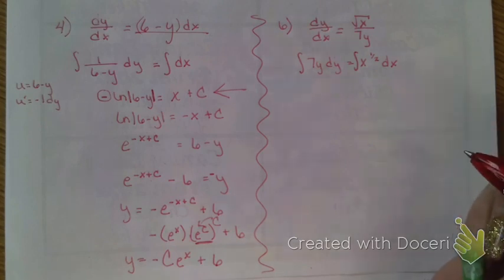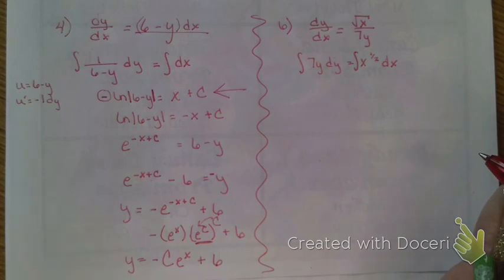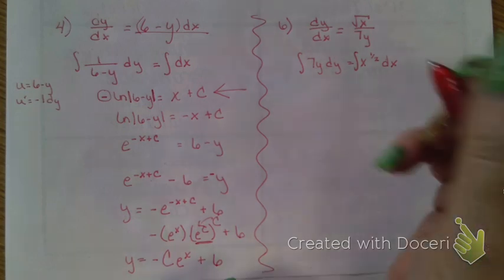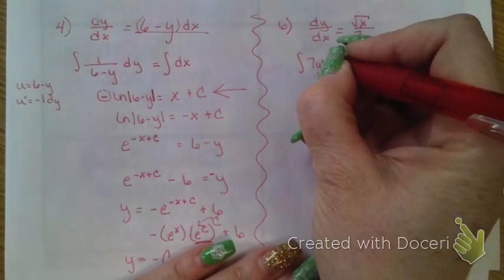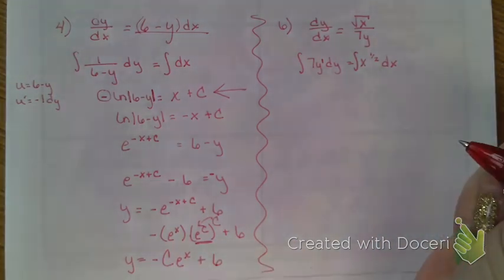Okay, what's my left going to be? 7y to the 6. What? There's a 1 right here, yes? What's 1 plus 1? 2.